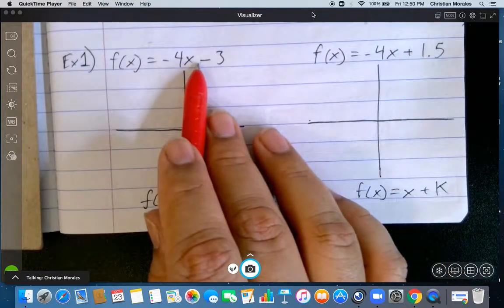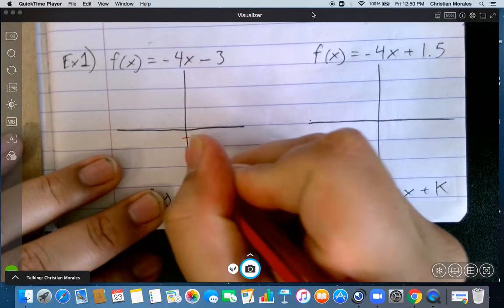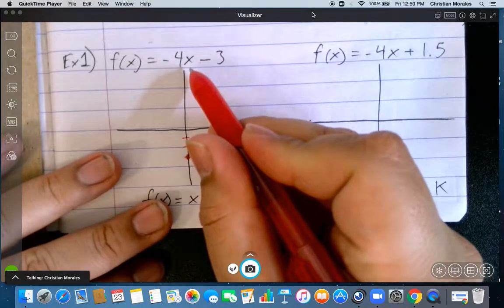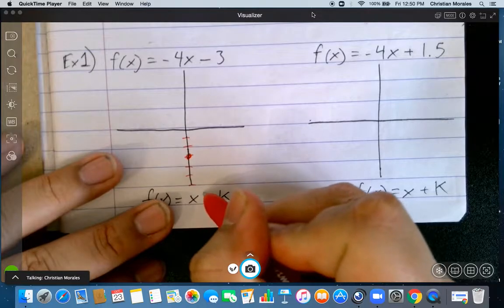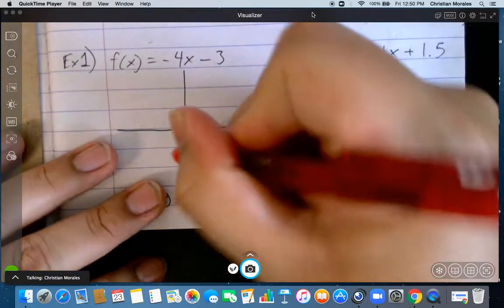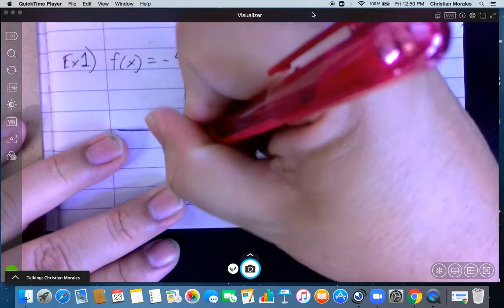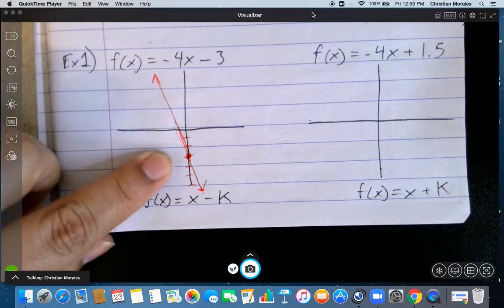So if we look at this one, negative 3 means we would start here, 1, 2, 3. But the slope is still negative 4x, so you would still count 4 down over 1. So you still have the same slope as that first line, but it's been moved downward.